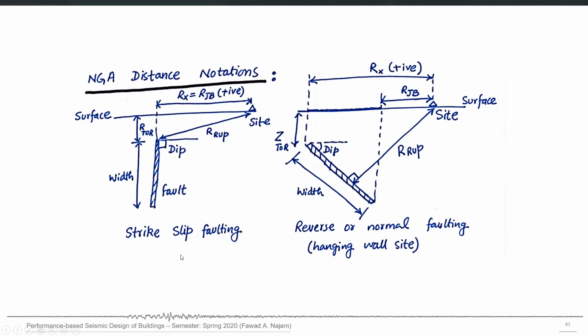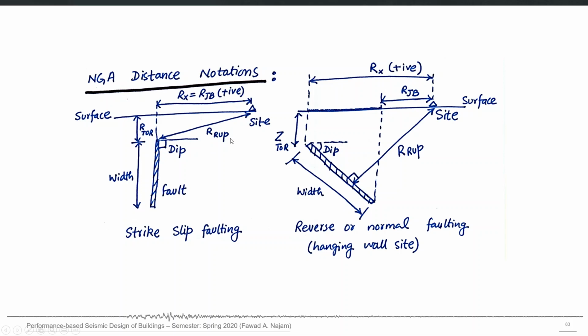But if you are dealing with, for example, a strike slip fault, in that case the faulting plane will be vertical, because strike slip faulting is where two pieces of land are just sliding past each other. So in that case the rupture plane will be vertical, and R rupture will be from the top of the vertical plane, the rupture plane, up to your site.